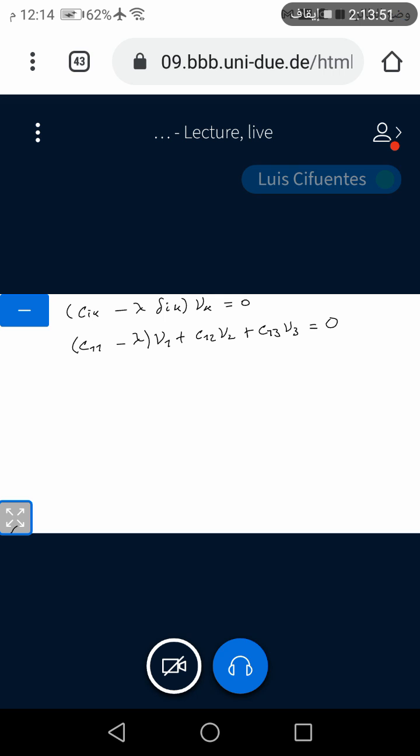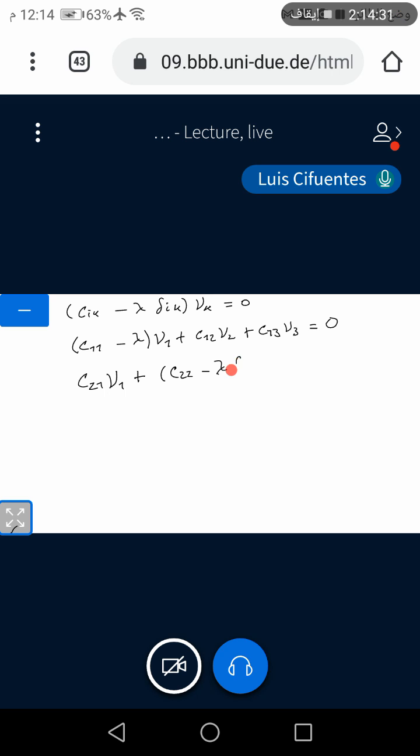Varying i, second index, here 2. For 2, 1 the Kronecker delta is 0. That's why we have just C21 v1, plus C22 minus lambda.